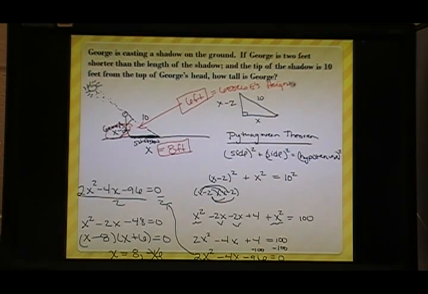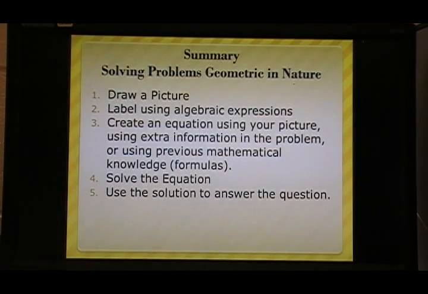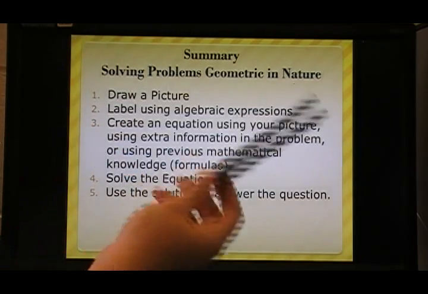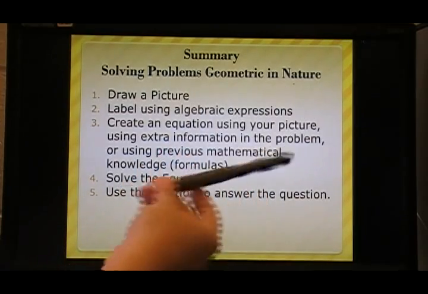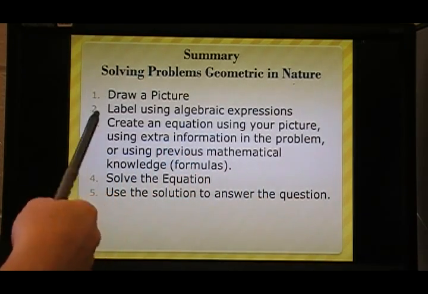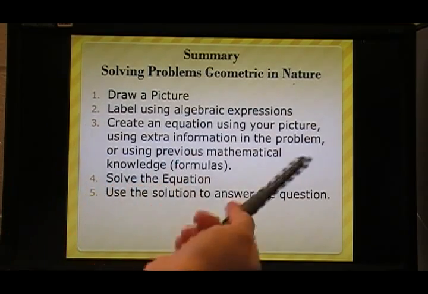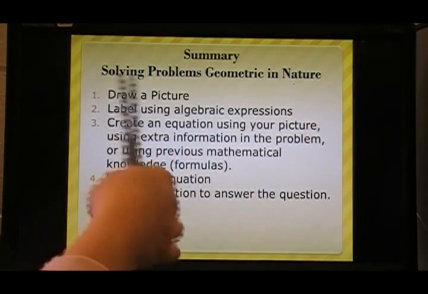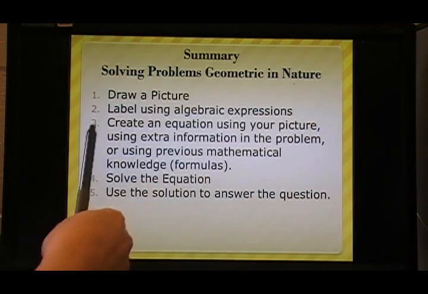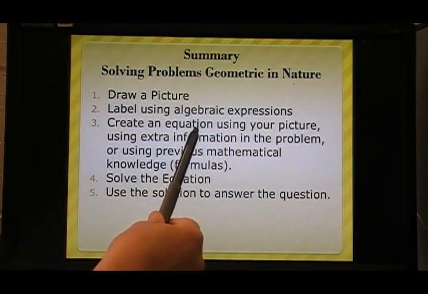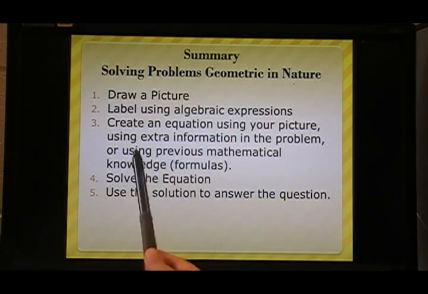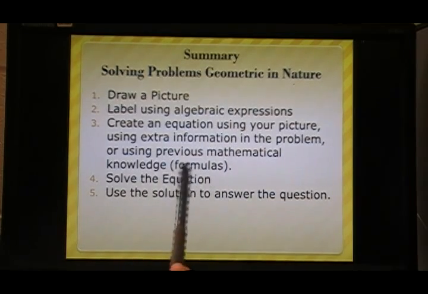So, as you go through, just a summary of some of the things I've been saying: when you're working with these problems, especially those that are geometric in nature, you want to make a picture, and you want to label the sides with some algebraic expressions based on the information in the problem. Once you have everything worked through, then you can go ahead and make an equation using the picture that you have, extra information, or just some previous knowledge.